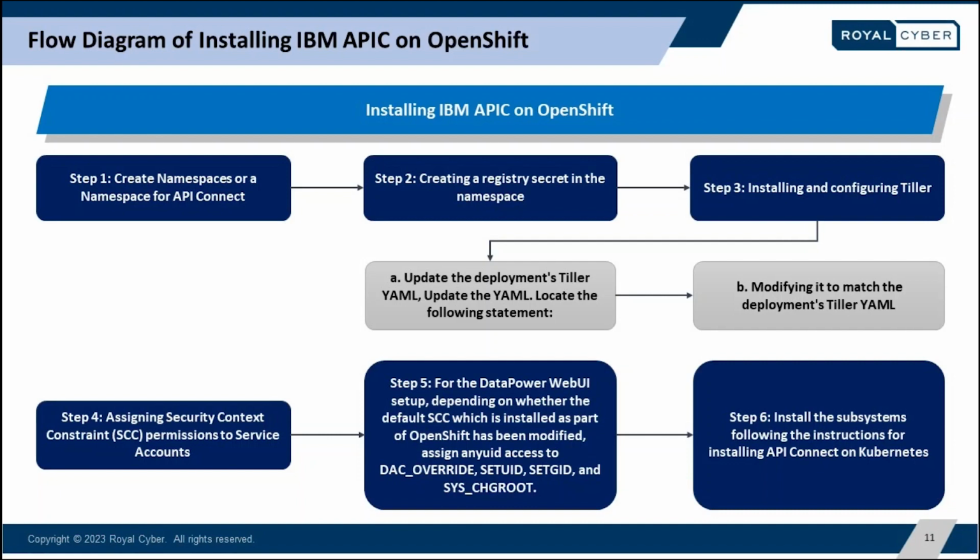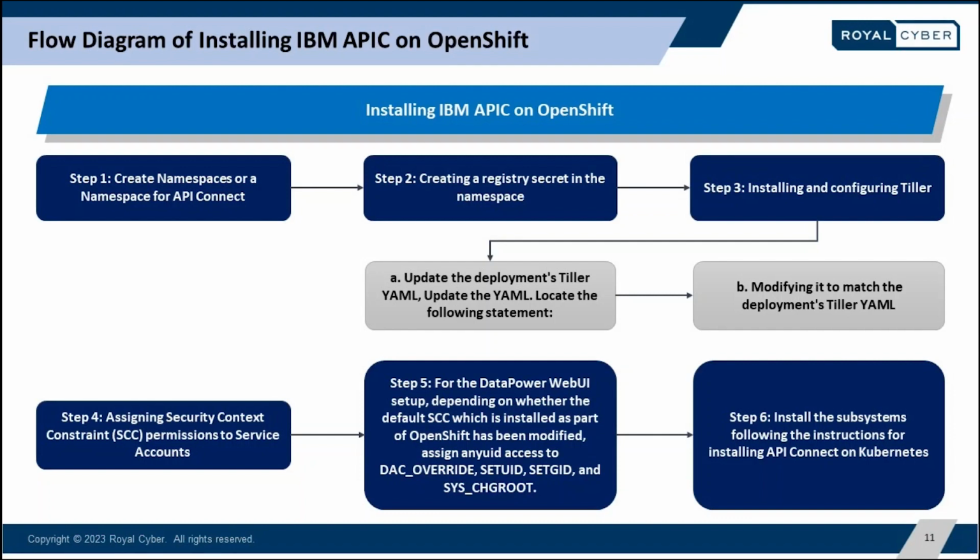At step 5, we need to consider the security context constraint, depending on whether the default SCC installed as part of OpenShift has been modified. We will explore more about that. We can assign user IDs, access, and so on. The final step is to install the subsystems, following the instructions for installing API Connect on Kubernetes.